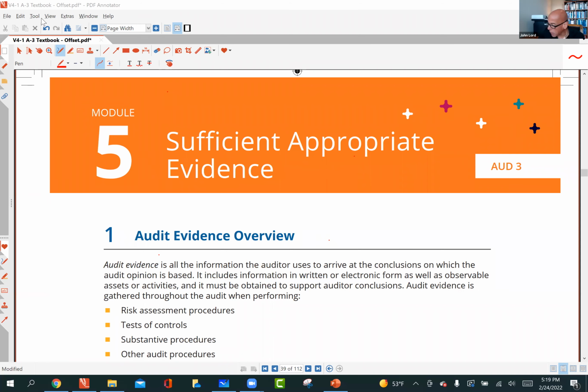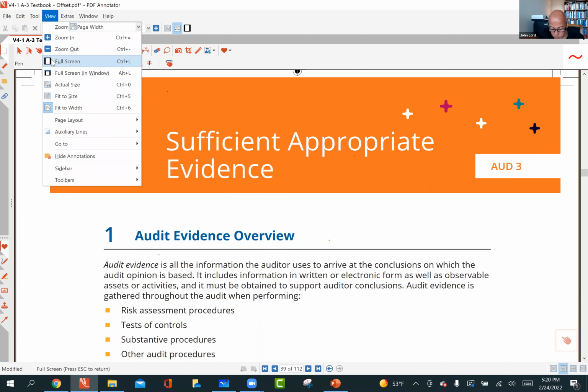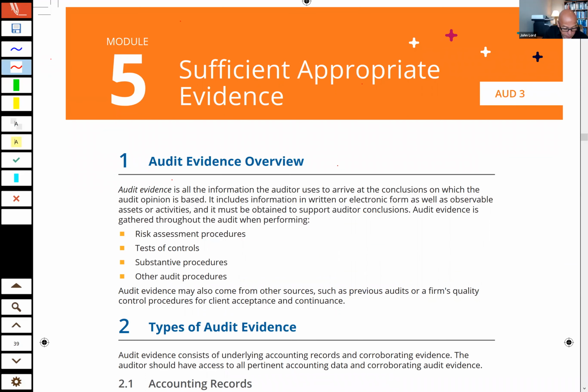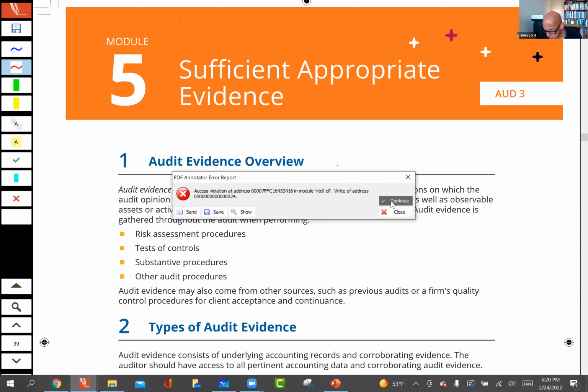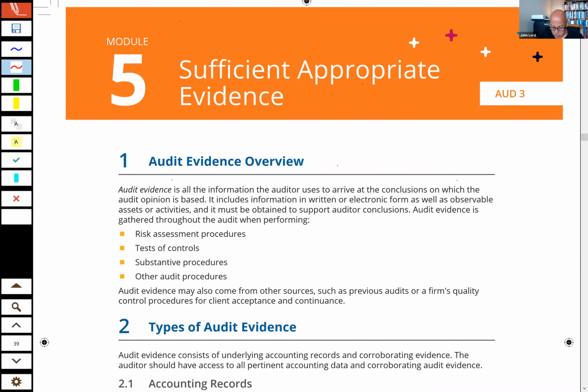Okay, and let's just go ahead and put this in full screen mode. Okay, good. Okay, and audit evidence. Oh, come on. Okay, and you can see that audit evidence.